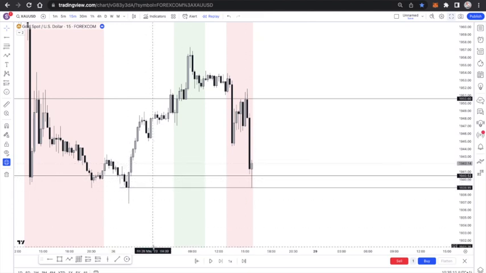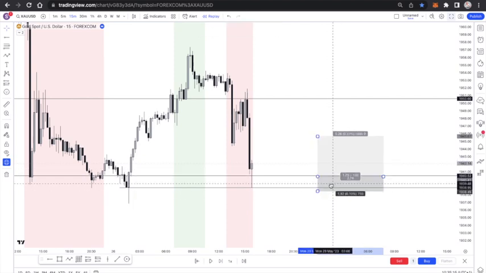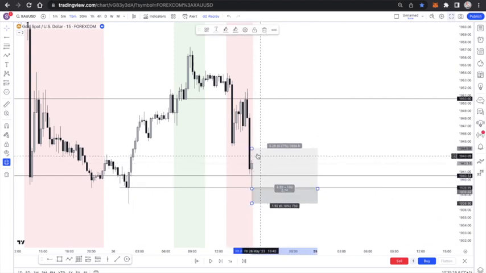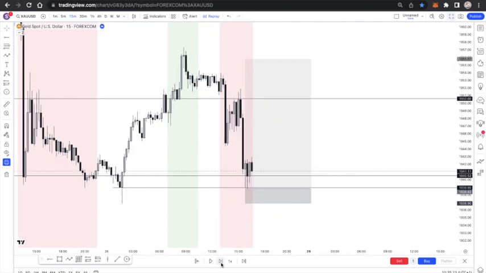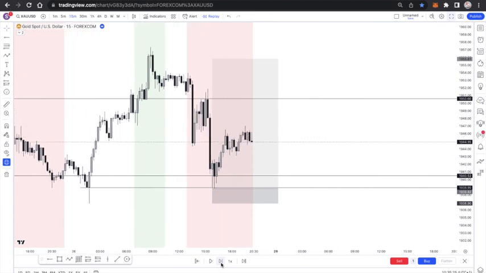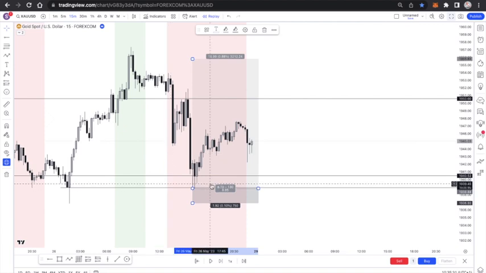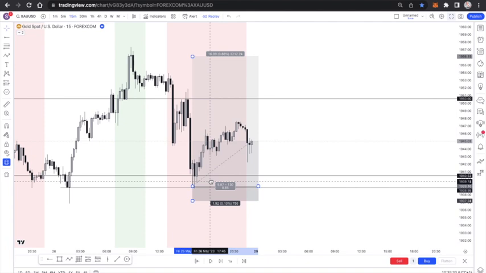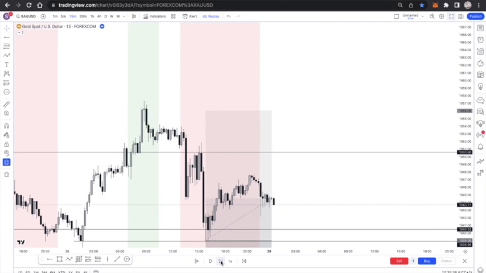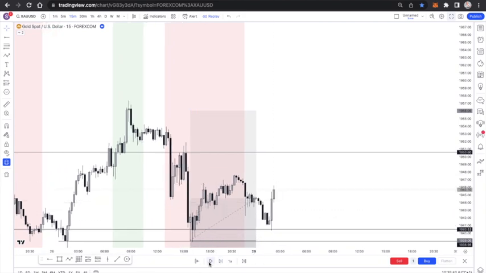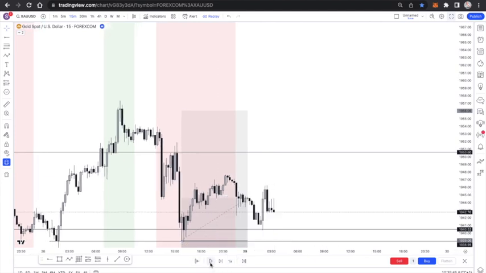So you can take a position here, as you can see, as price is reacting from the zone. This is just the institutional zones only. Like I've seen as price is reacting from them.